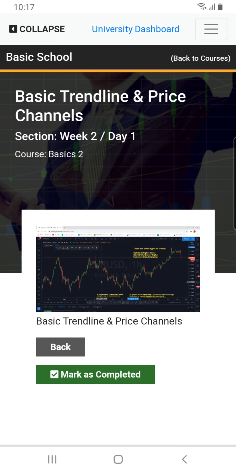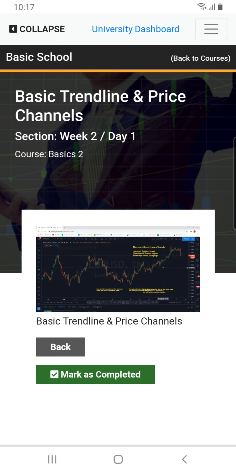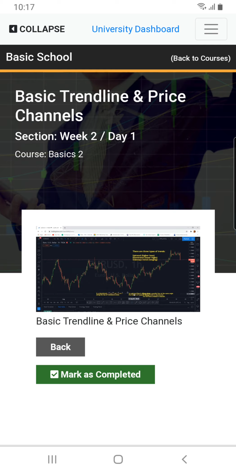Okay, so let's go ahead and see how to actually draw a trend line. Let's start with a downtrend. In a downtrend, a trend line is drawn along the top of the resistance areas. We've already learned about support and resistance, so let's talk about trend lines.